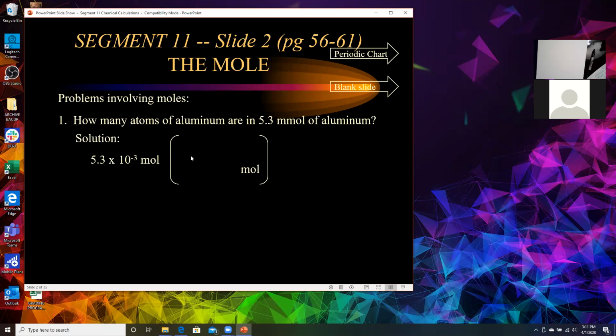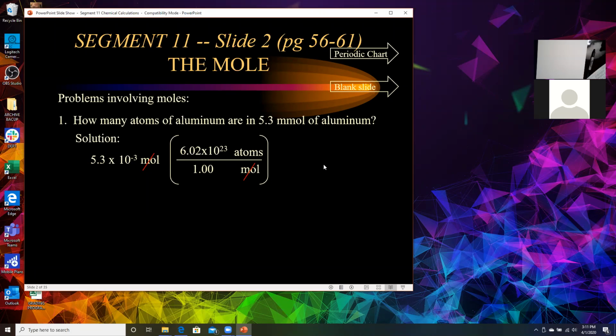Now I want to do a conversion. How many atoms would that be? Well, I want the unit mole to cancel out, so my conversion factor is going to have moles in the denominator. I want to go to atoms. And now my question is, do I know a number of moles for which I know the number of atoms? Yes, 1. 1 mole of anything is Avogadro's number of those things.